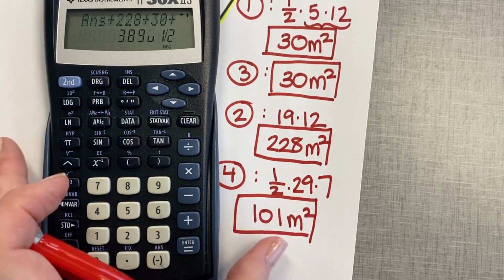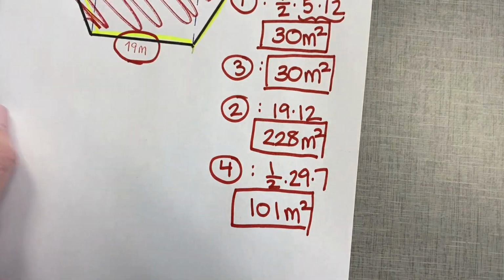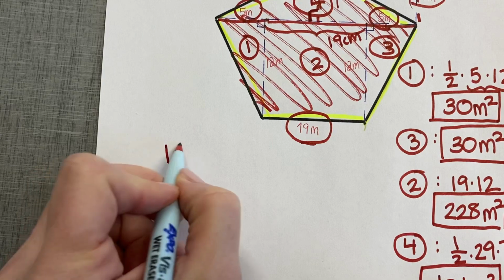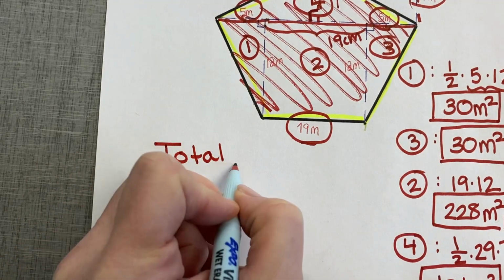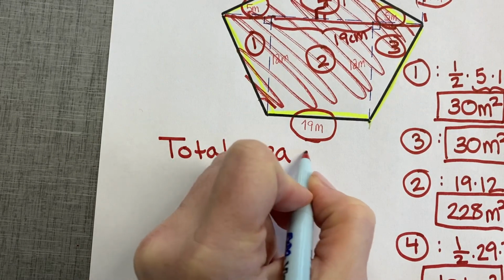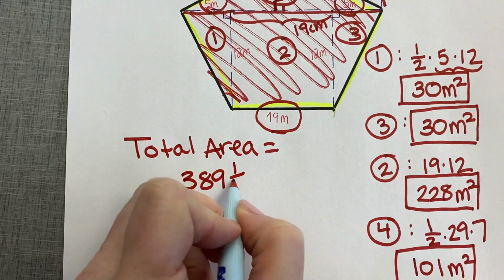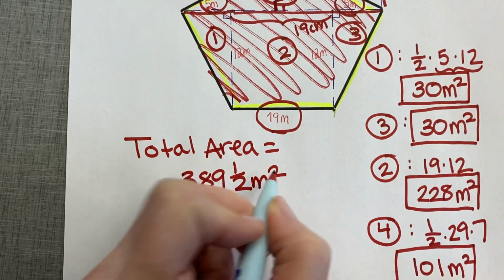And I am getting 389 and 1/2 meters squared. So total area equals 389 and 1/2 meters squared.